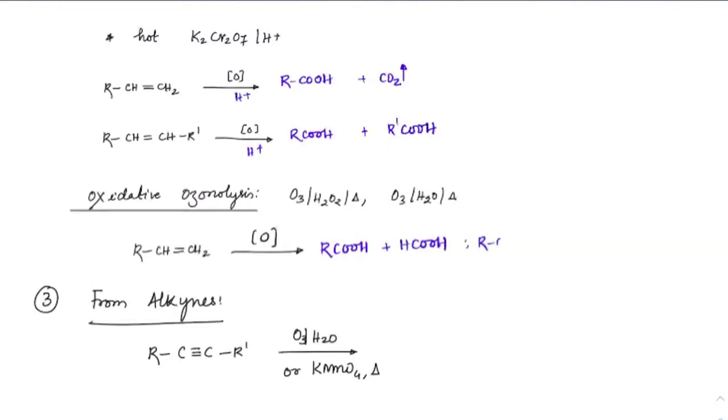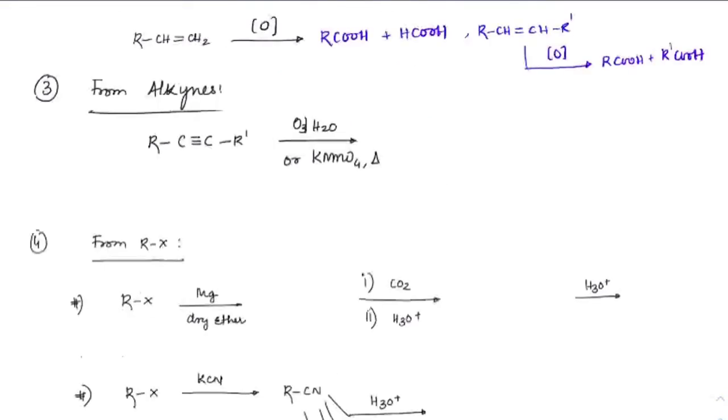But if you have RCH=CHR', on ozonolysis we will get RCOOH plus R'COOH. Next, from alkynes. Alkynes can get completely broken even with ozonolysis or KMnO4, as long as it is oxidative, or as long as this is KMnO4 in strong acid or basic medium. Then also this would become RCOOH plus R'COOH. It's the product you will get.